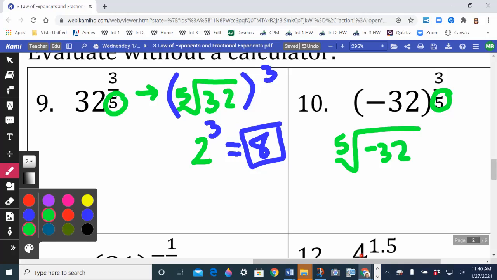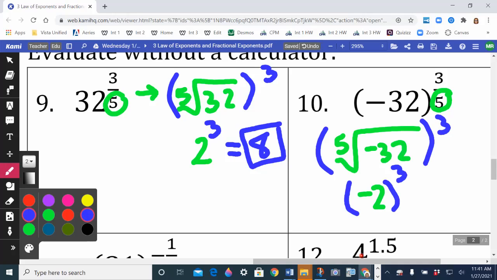So if I have 5 of them, it's still going to be negative. So the 5th root of a negative 32 is doable. Then I'm going to take that and I'm going to raise that to the power 3. And so when I take the 5th root of negative 32, I get a negative 2. And then I'm going to raise that to the power 3, and I'm going to get a negative 8 as my answer.